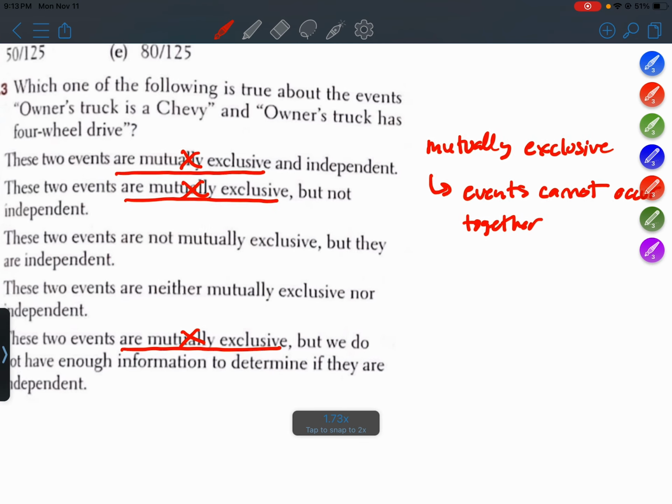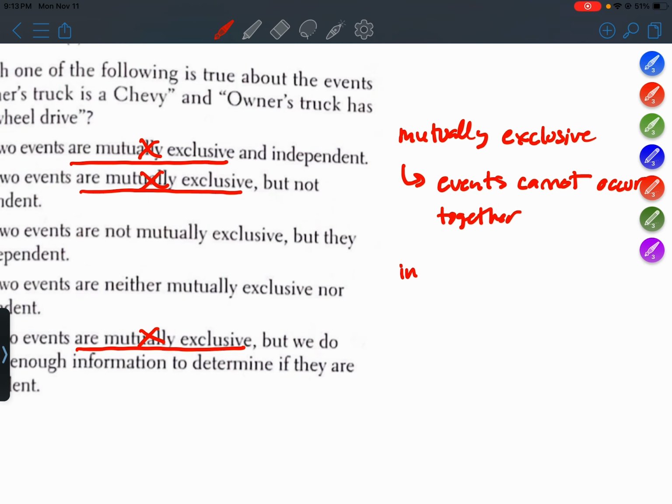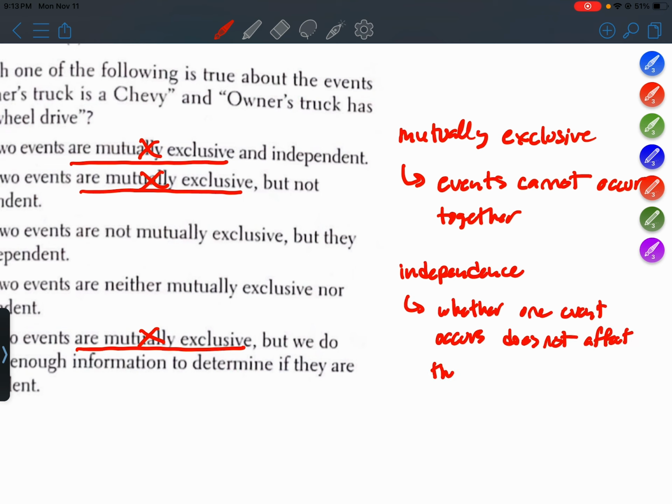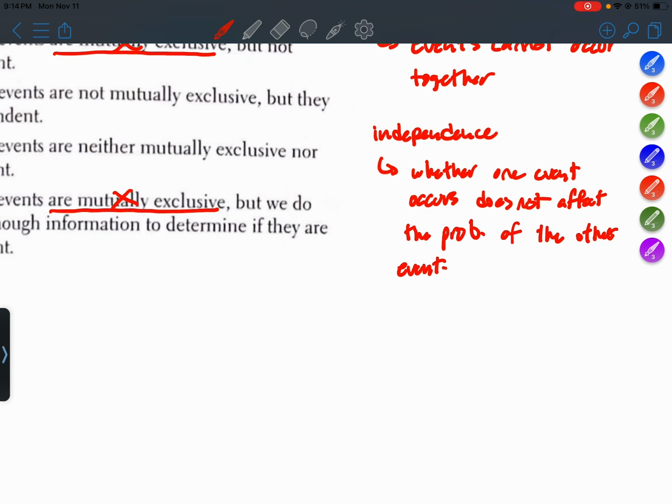Now, independence basically means the occurrence of one event doesn't change the probability of the other event occurring. There's a simple way to check for independence.